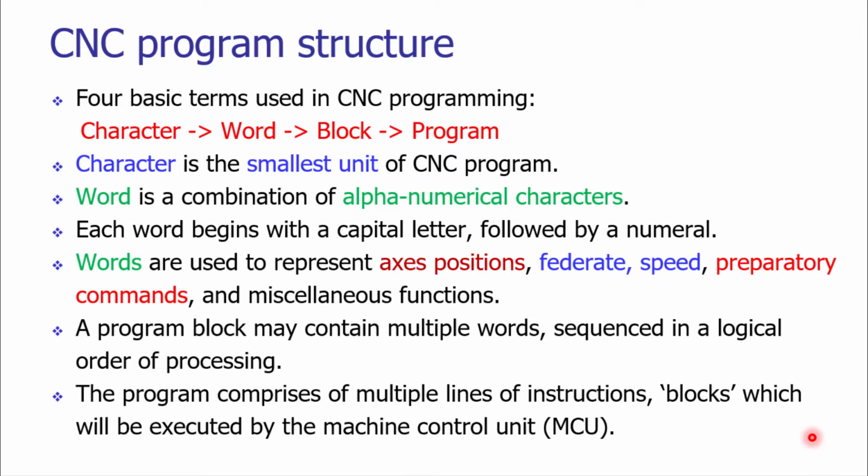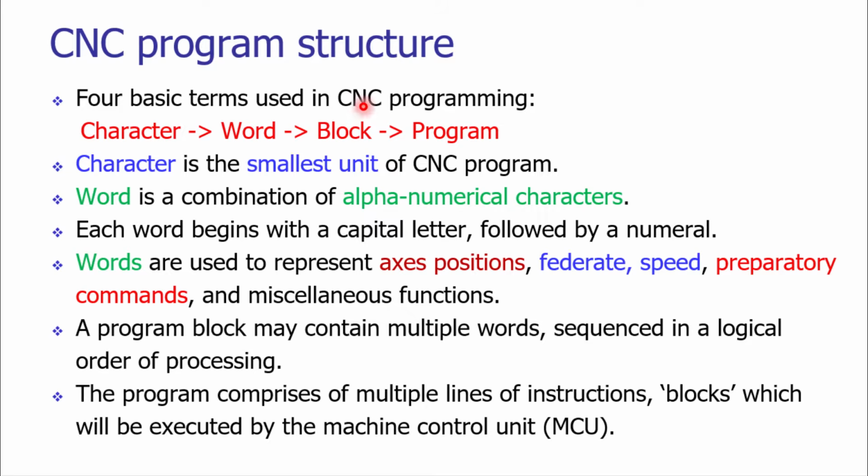Now, in this lecture, we will be studying CNC programming at the preliminary level. To understand CNC programming, we are taking a very common, widely used example, that is the CNC milling center.